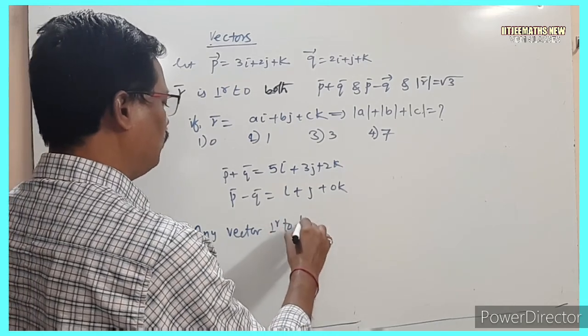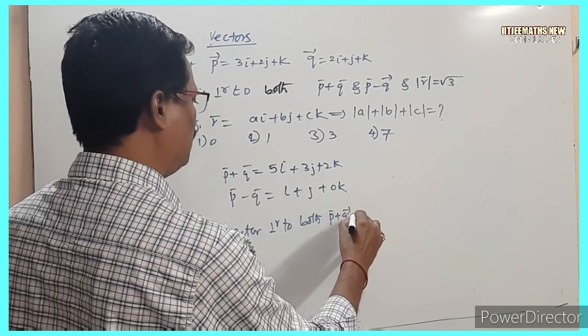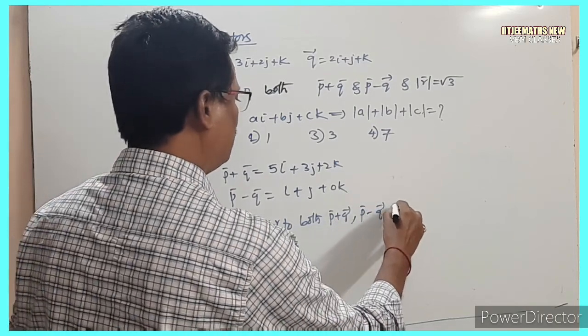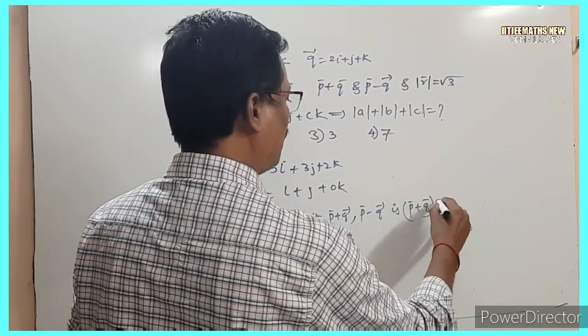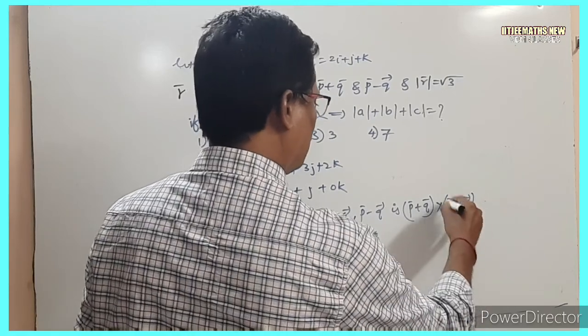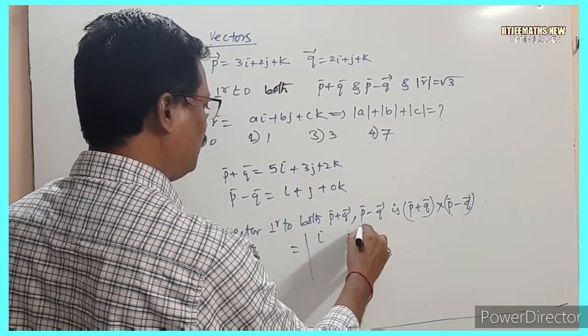Any vector perpendicular to both P bar plus Q bar and P bar minus Q bar is P bar plus Q bar cross product P bar minus Q bar. Then what is the cross product of these two? i, j, k.